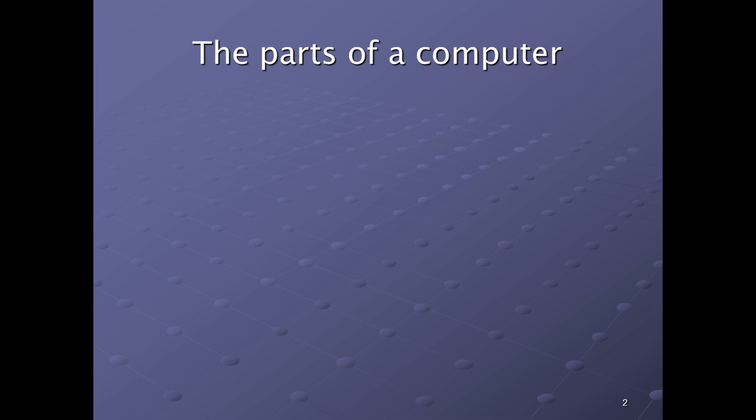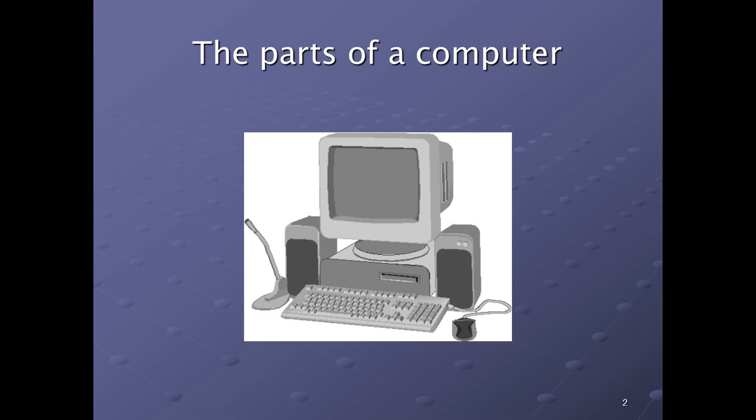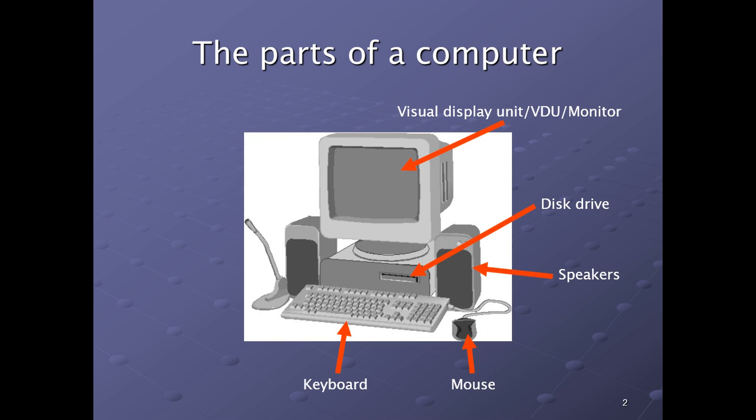Now you see these are different components of computer: mouse, speakers, disk drive, video monitor, visual display unit, central processing unit, CPU, and system unit. We can say that thing. Now hard disk, backing storage, and microphone.